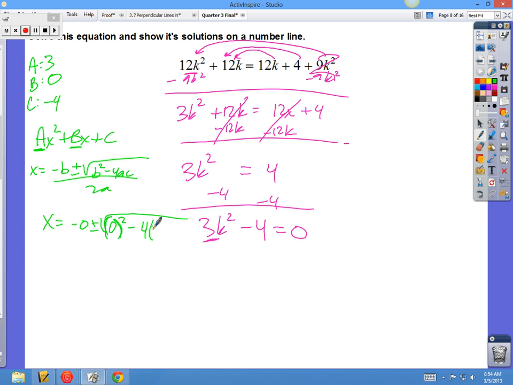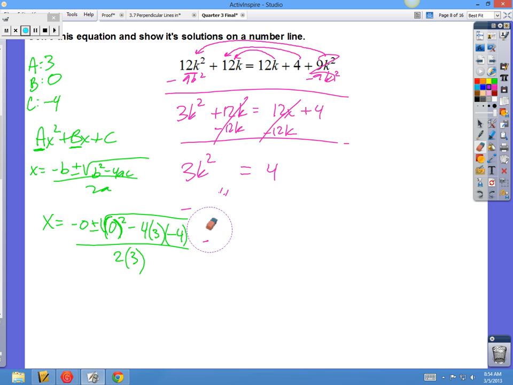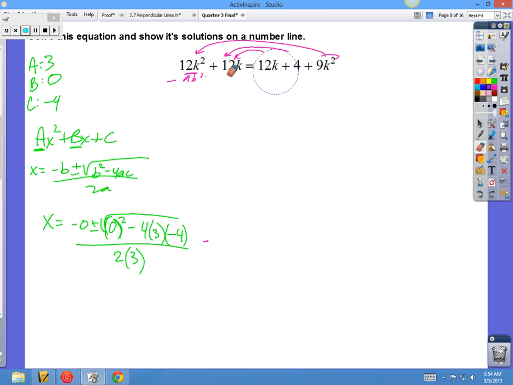Minus 4 times a, which is 3, times c, which is a negative 4, all over 2a, 2 times 3. Alright. Okay, now it's calculator. So my next move is to ignore this plus or minus 0 and go plus or minus.